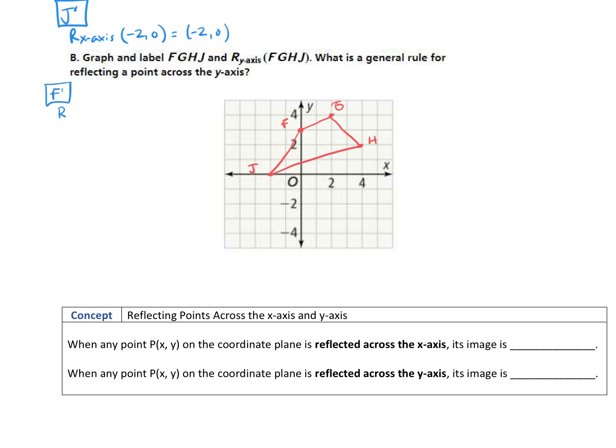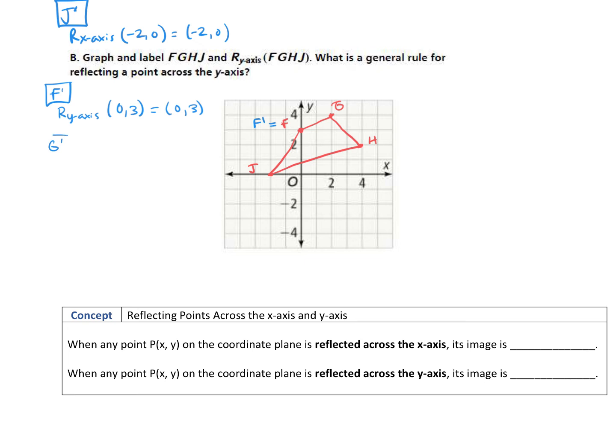So we're doing a reflection across the y-axis of point F, which is 0, 3. It's on the y-axis, so that means that it has nowhere to reflect. That point will remain the same. So F and F prime are the same point, because F was on the reflection line.